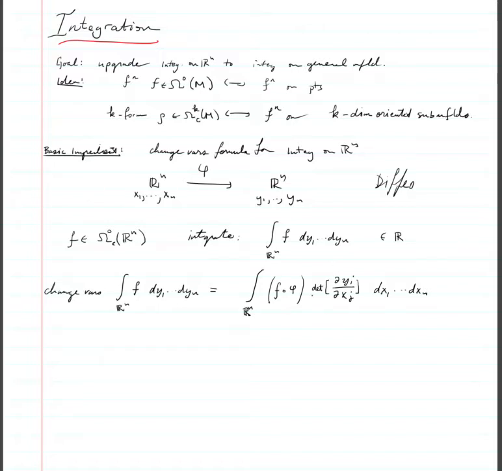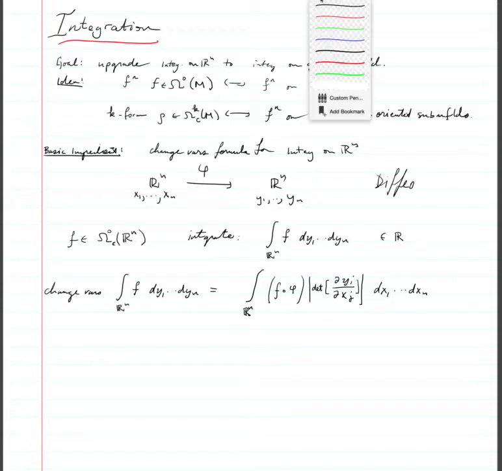Okay, so the determinant of the Jacobian matrix, and then you'd need also to put the absolute value of this. This is the formula for change of variables. This is the basic ingredient.